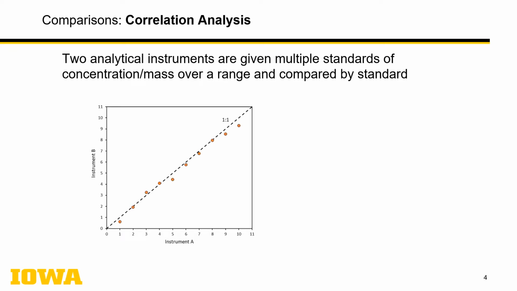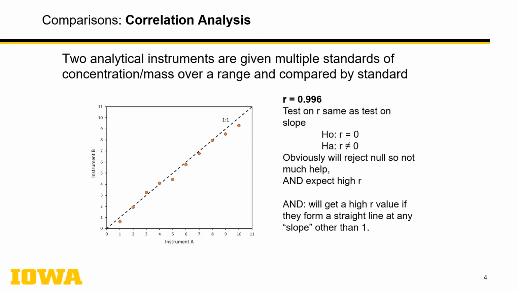So here's a graph, for example, of some data obtained from instrument A versus instrument B, and yes, there's some bounce back and forth. They're not perfect, but they fall on the one-to-one line very nicely, and so wouldn't this be a good way to compare them? Let's take a look at this a little bit more.